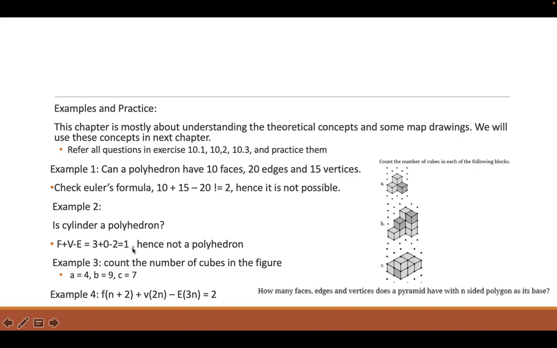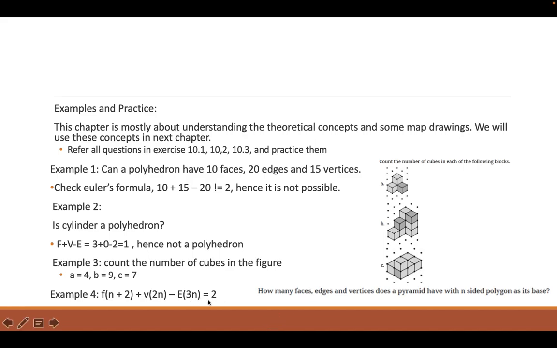Every side of the polygon corresponds to a face, so that is n faces plus top and bottom, so n plus 2 total faces. Then vertices are going to be 2n, because you have the bottom n vertices and the top n vertices. Edges are going to be 3n. If you look at the pyramid you will understand.